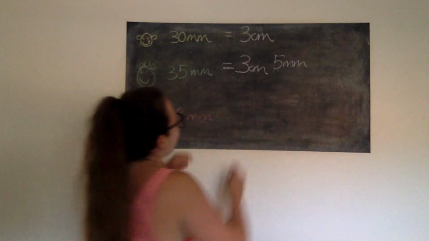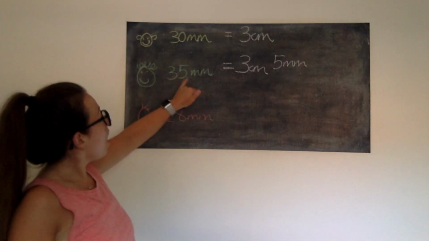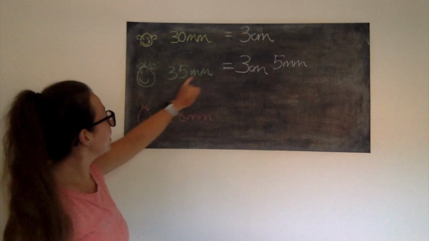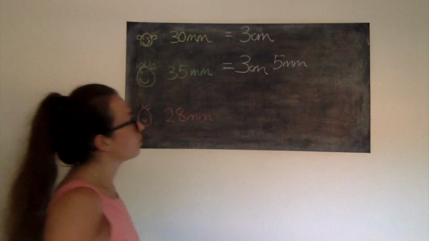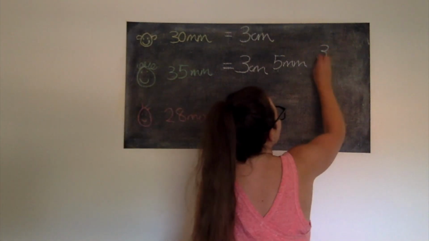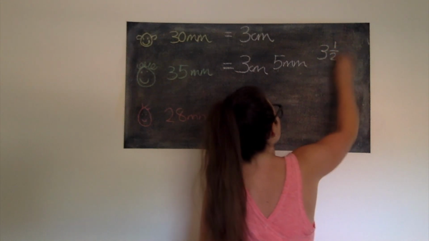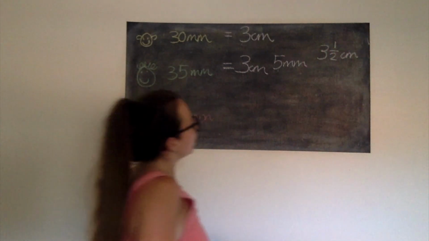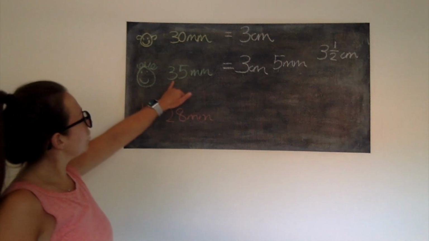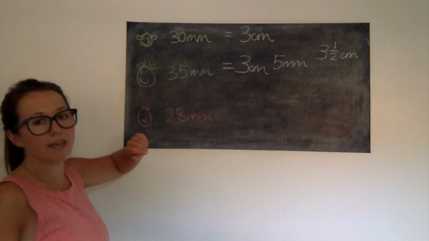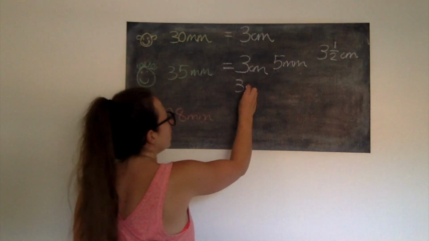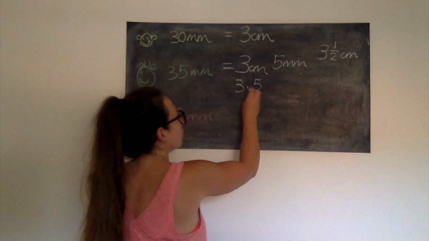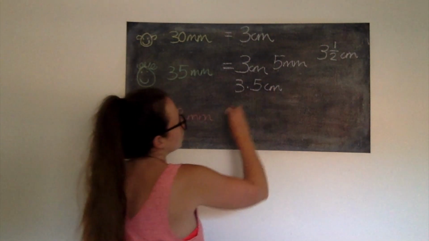So I could say that I've got half of a centimetre, because let's think out of our 10mm, 5 is a half. So I could say 3.5 centimetres, or I could write this as a decimal. Okay, so if we divided 35 by 10, so think about our place value grid, I would get 3.5 centimetres.